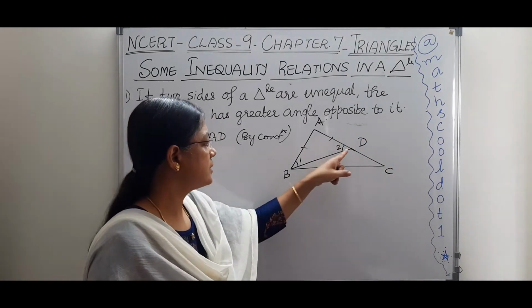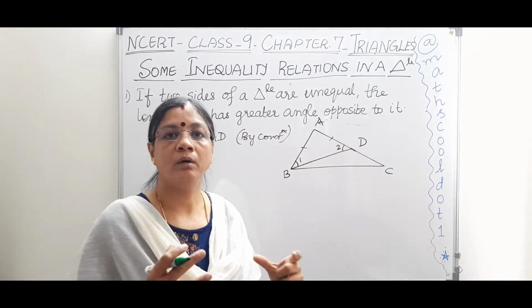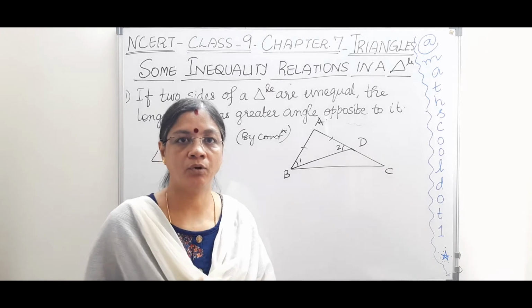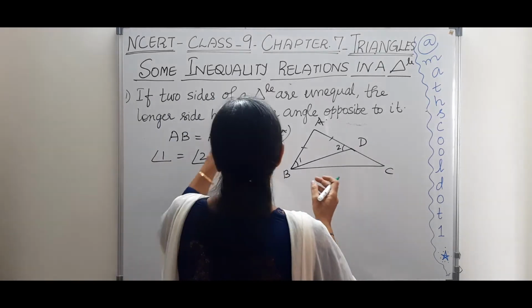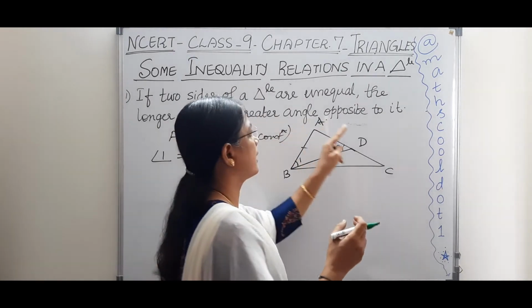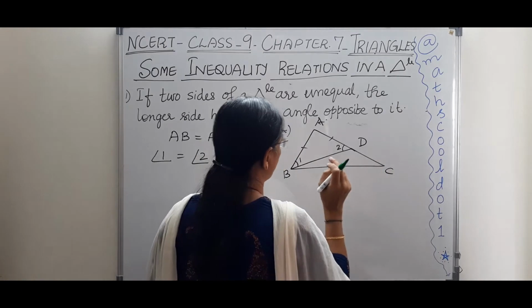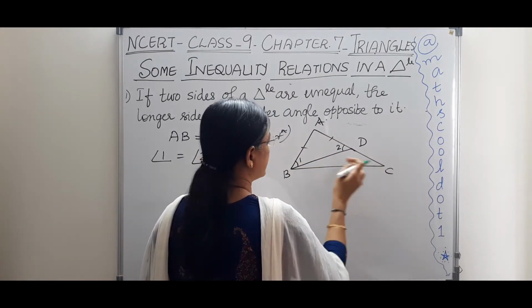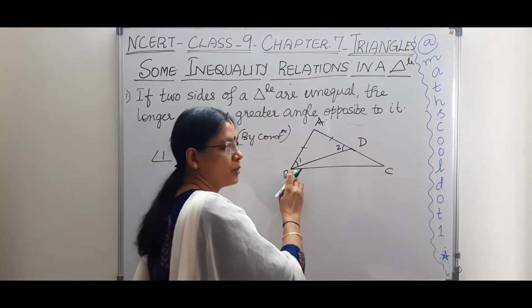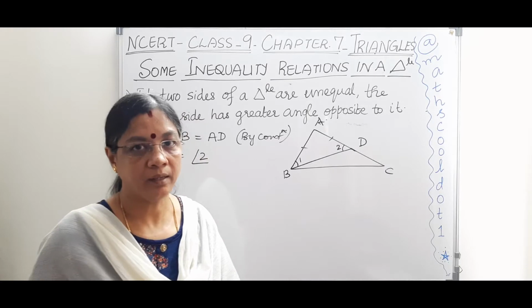Now, going back to the question, what we are required to prove is that the longer side has the greater angle opposite to it. So let us take this side to be the longer side. Then the angle opposite to it, angle B, has to be the larger angle in this triangle.